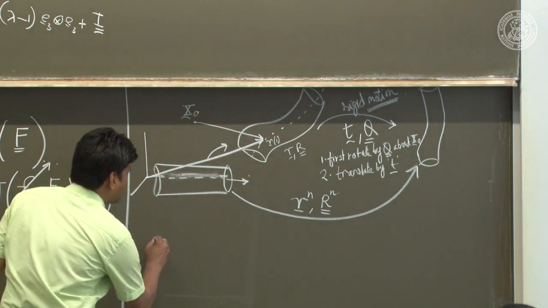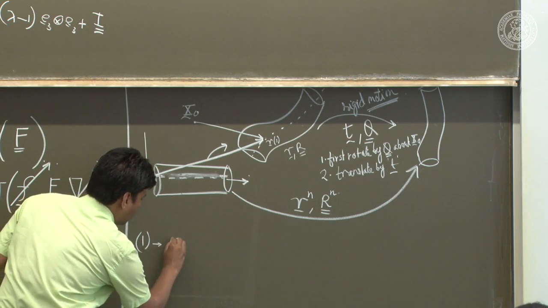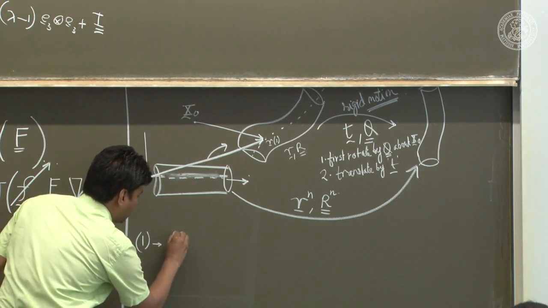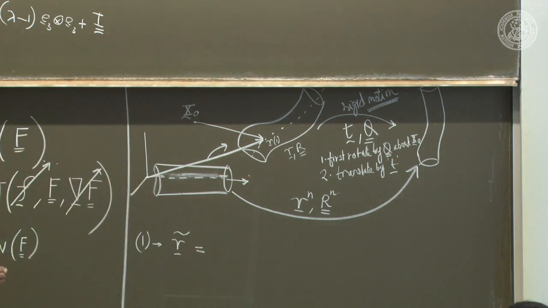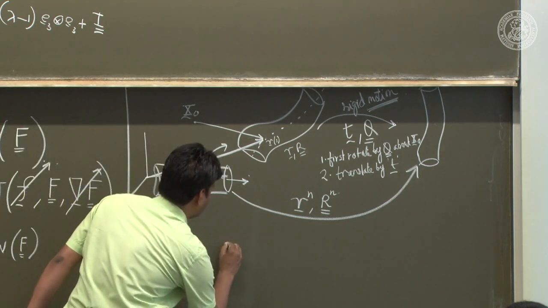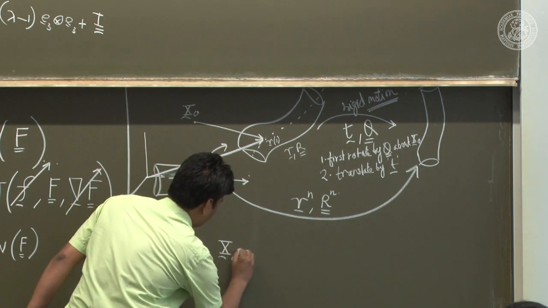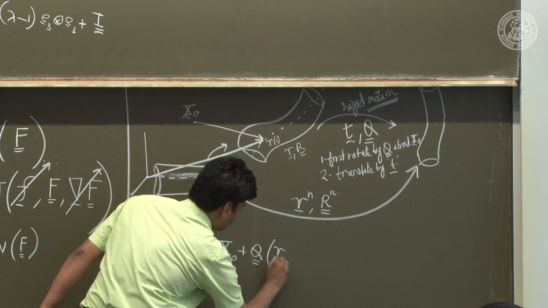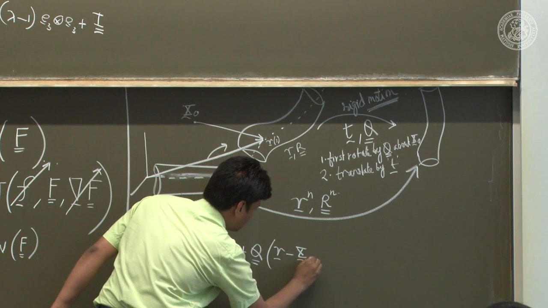So, after the first step, what is my small r, let us say tilde, what is that going to be equal to? Can I say that this is same as x naught plus q times small r minus x naught?